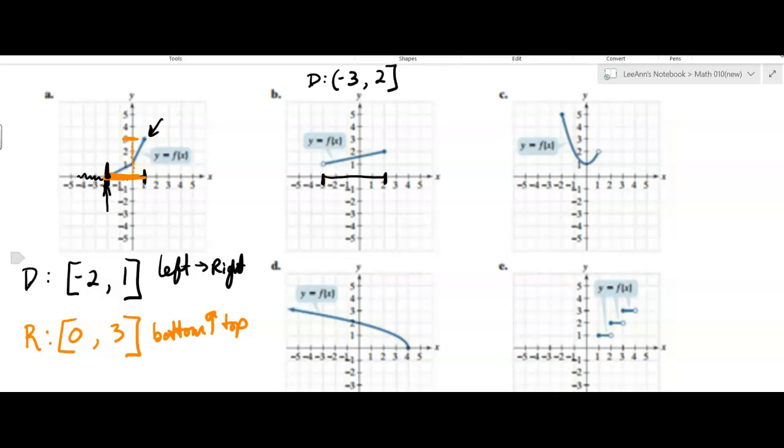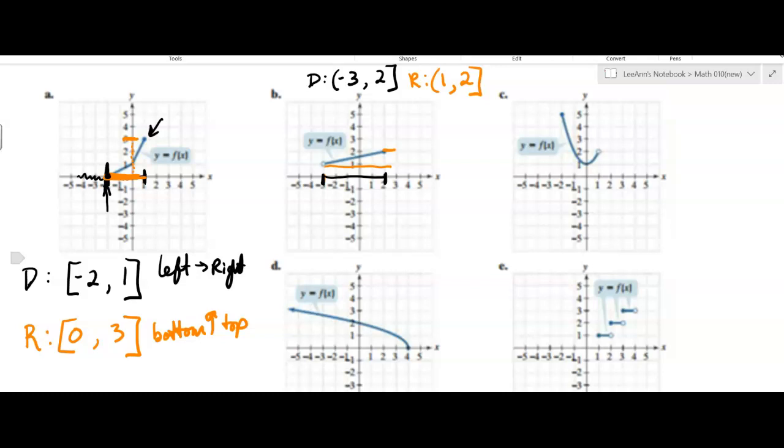All right, now the tricky part. Turn your head sideways. So the range is what's the lowest point? Well, right here is where we're kind of starting, and that is 1, but it's an open dot, so 1 up to right here, which is 2, and that's a closed dot, so the range is 1 to 2.